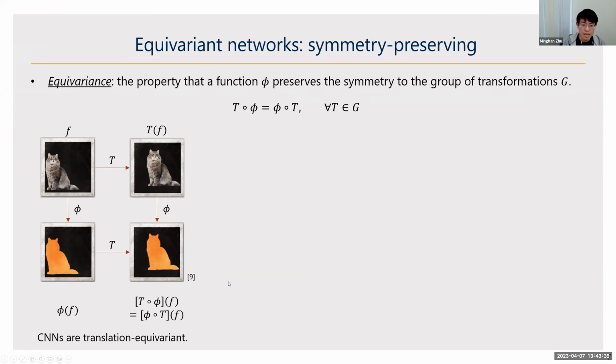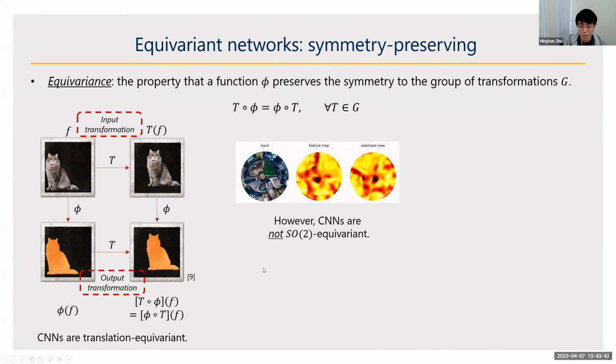However, CNNs are only equivariant to translations. They are not equivariant to rotations. For example, here, if we look at an image of a city's bird's eye view, and now you rotate the image, you can see that the output feature map from a convolutional neural network not only goes through a rotation, but the content of the features learned from the image is also changed.